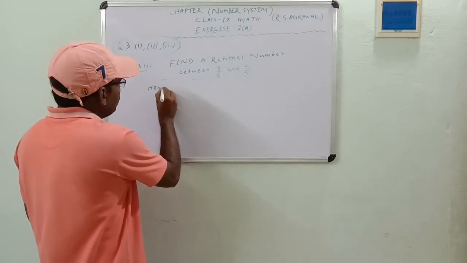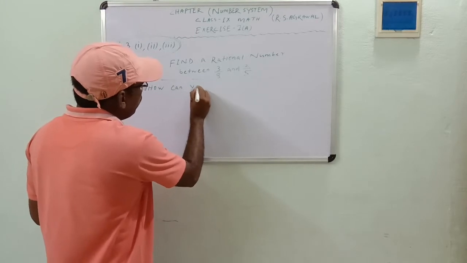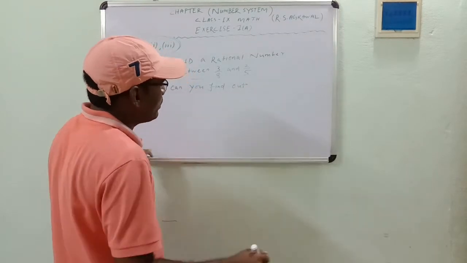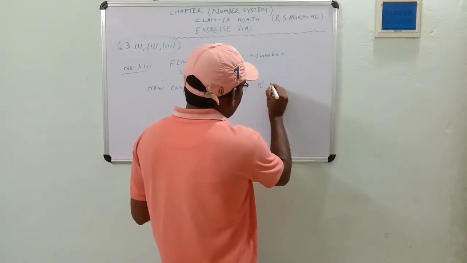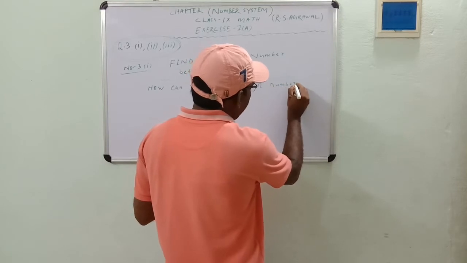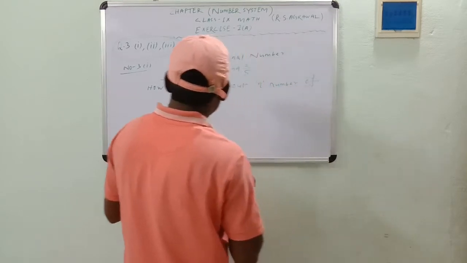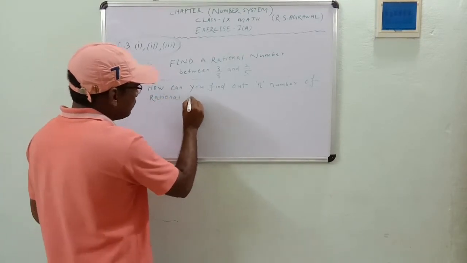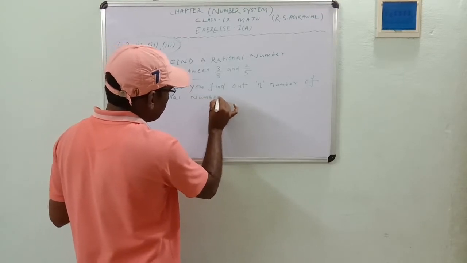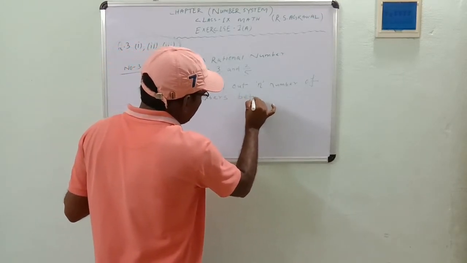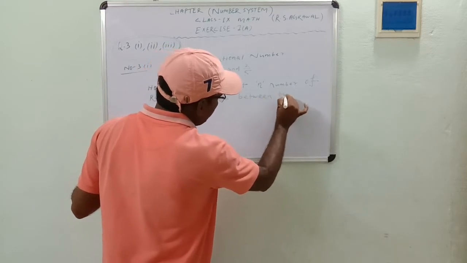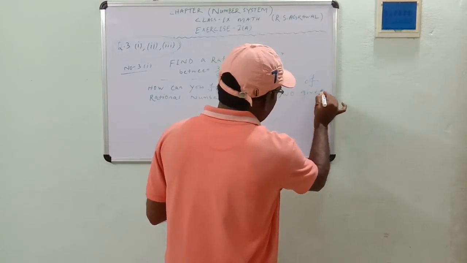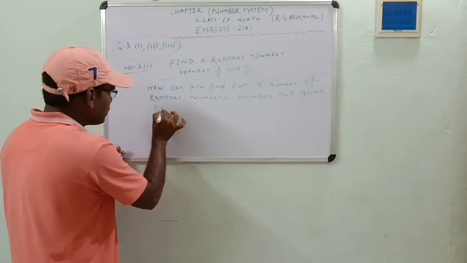How can you find out n number of rational numbers between two given rational numbers?